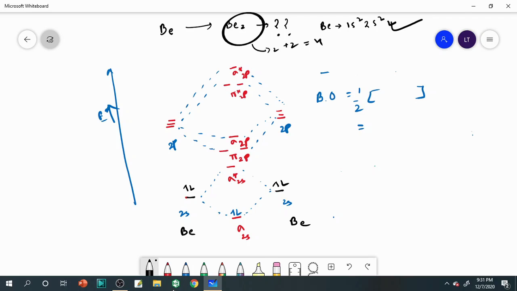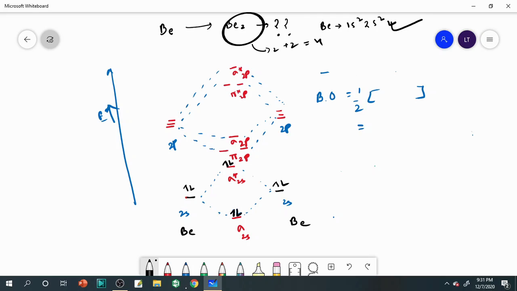Now these 4 electrons will reside: 2 in the lowest energy level at first, and the next 2 will occupy the next higher energy molecular orbital, that is the sigma star 2s orbital. And in all these cases, the different principles which are valid for filling up the electronic configuration of atomic orbitals are the same here.